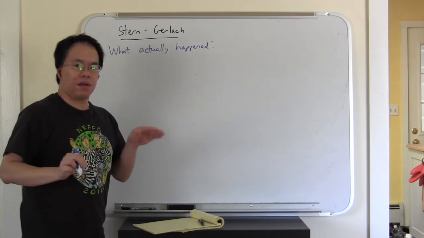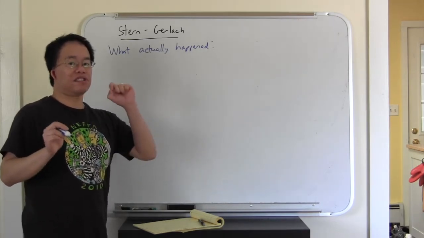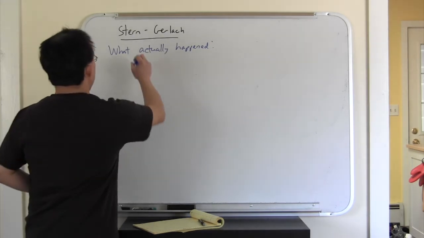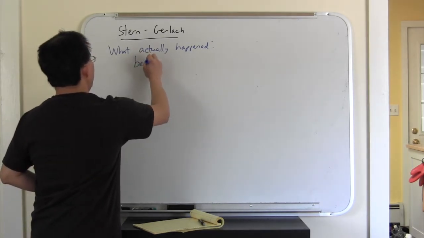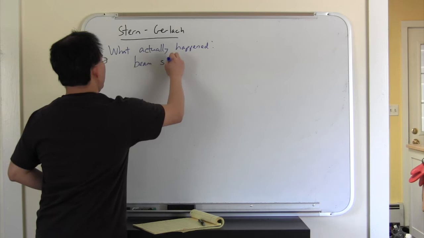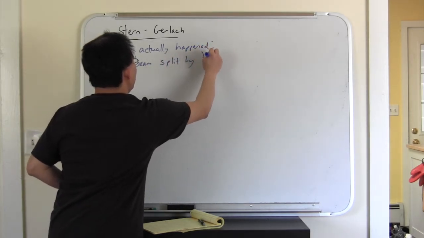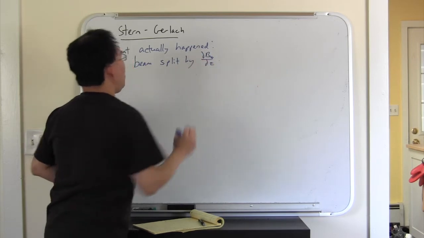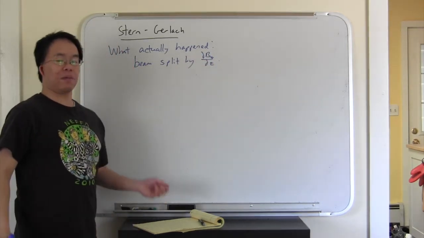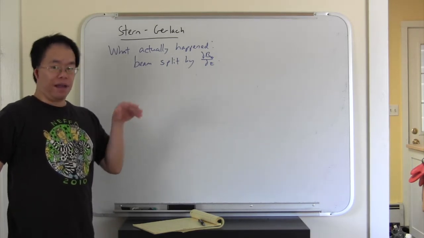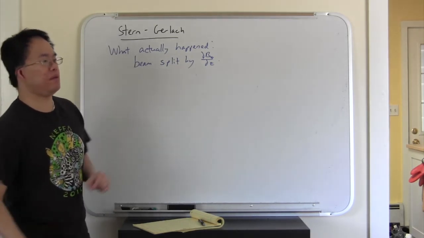Namely, their atomic beam turned out to be split by their magnetic field gradient. What this implies then was that something must have been exerting a force on the atoms in their beam.